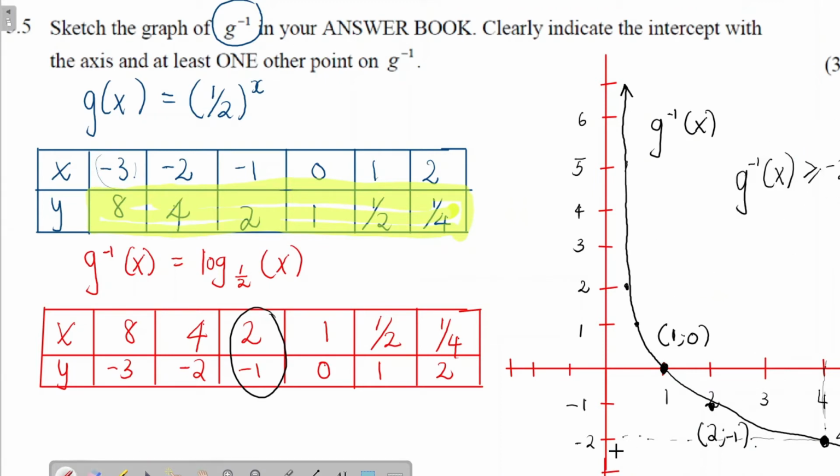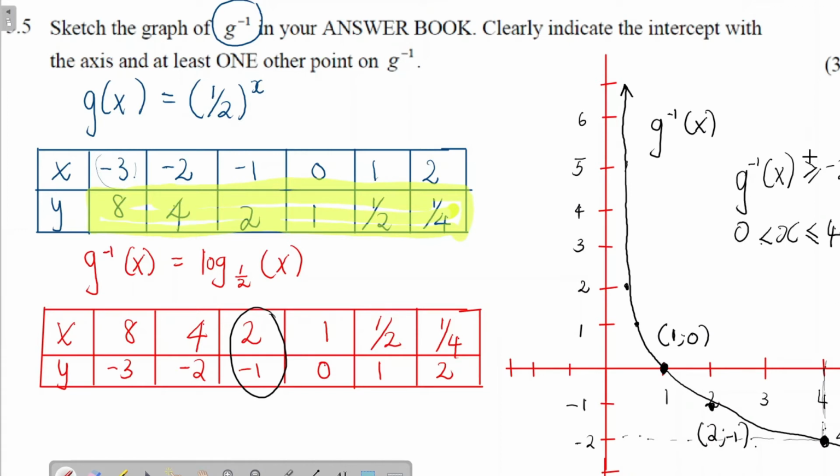So x values that start from 4: when your x is equal to 4, your y is actually equal to -2, right? So x values that are less than and equal to 4, but greater than 0.